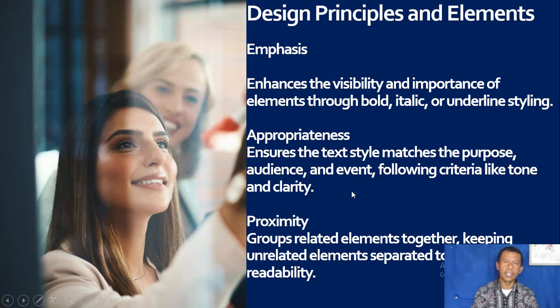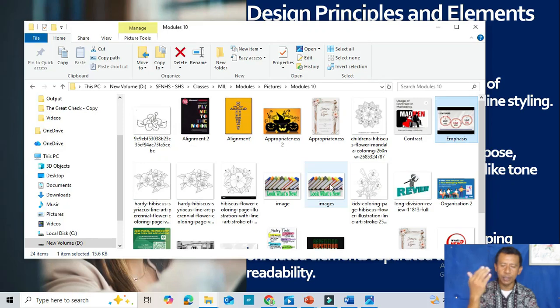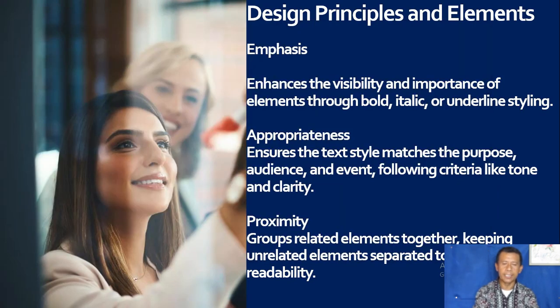All right, then the third one is proximity. What is proximity? The third design principle. Proximity groups related elements together, keeping unrelated elements separated to improve readability. Now I will try to see which one is proximity. Here, this one.